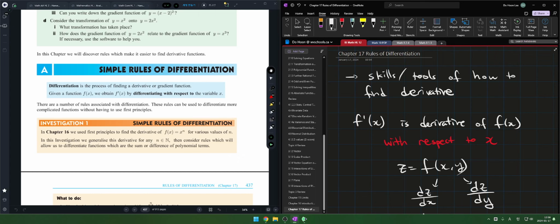By the way, when we're doing this, the other variable that may be there has no effect. For example, if you have some kind of expression like 2xy, if you're differentiating 2xy with respect to x, y just doesn't matter. It's not doing anything.